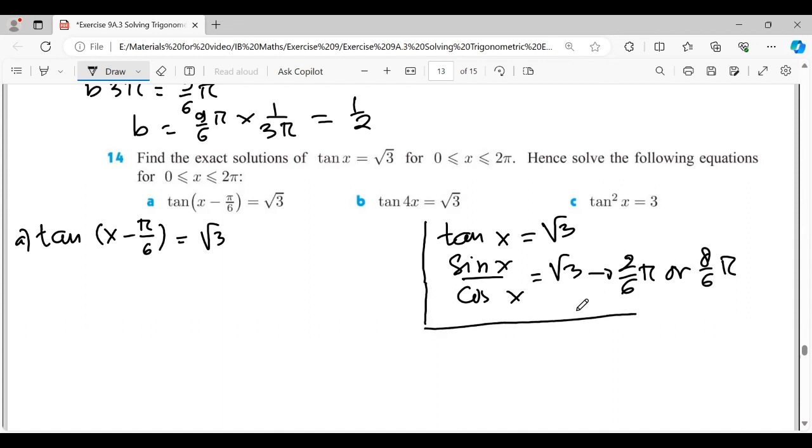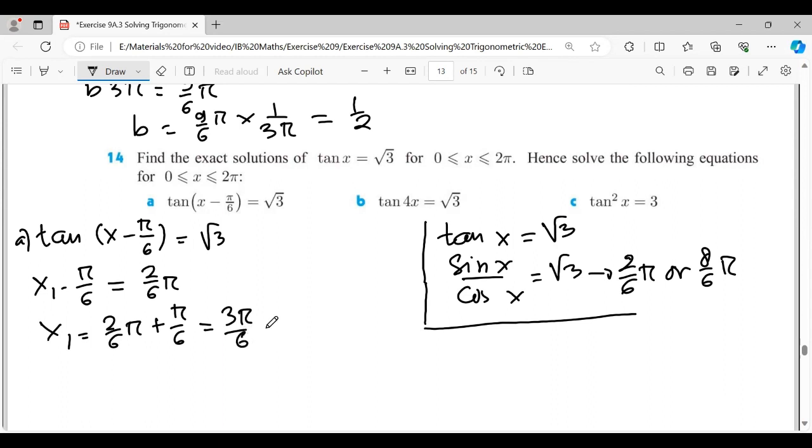Okay. So this one, it means x1 minus pi over 6 equals 2 pi over 6. So x1 equals 2 over 6 pi plus 1 over 6 pi, 3 pi over 6, or pi over 2.